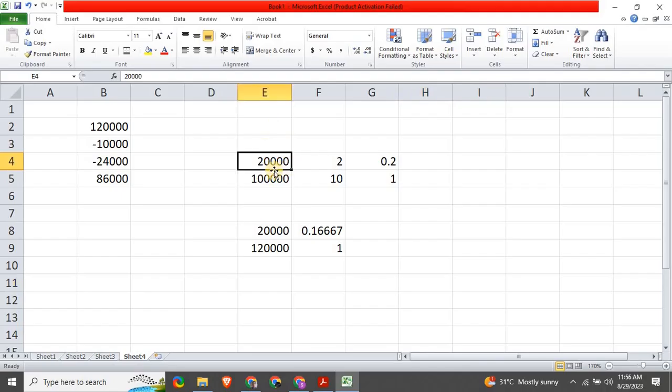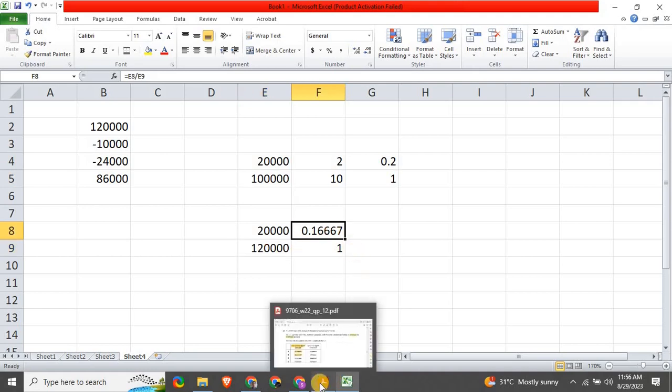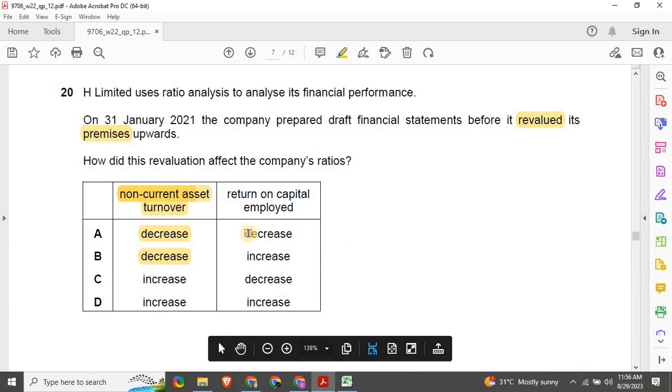So in this case, let's say this is my profit and this is my capital employed, and now my ratio is 0.2 is to 1. But now if the capital employed increases, then my ratio would decrease to this figure. Okay, so this is also decreasing. So the correct option is option A.